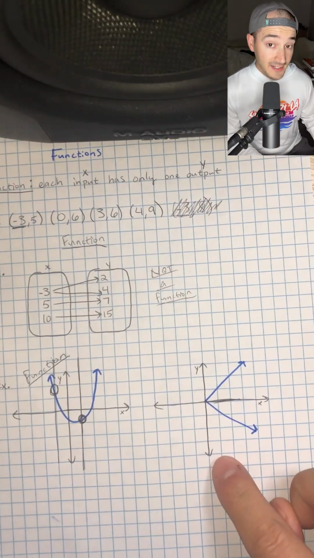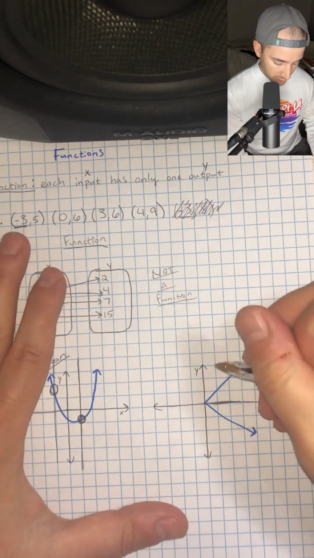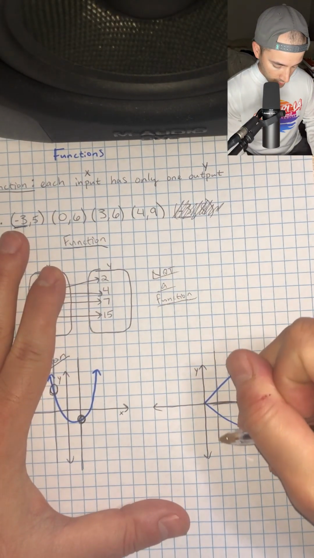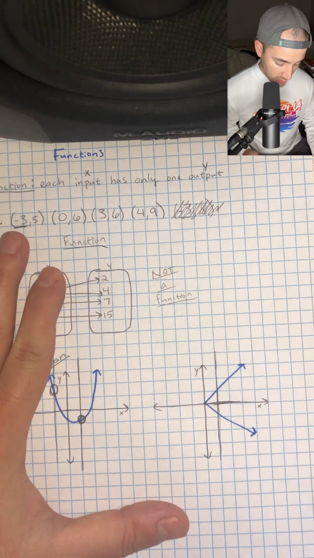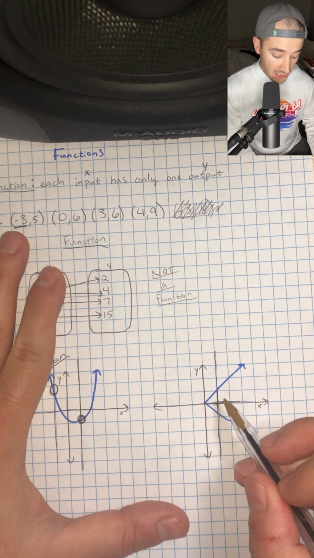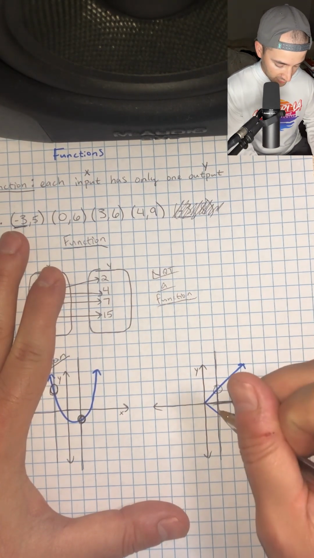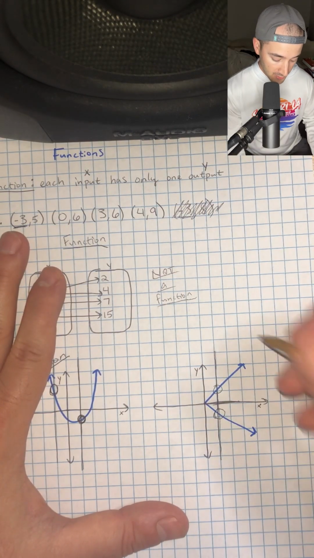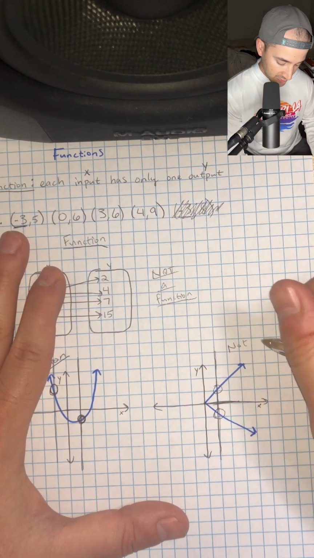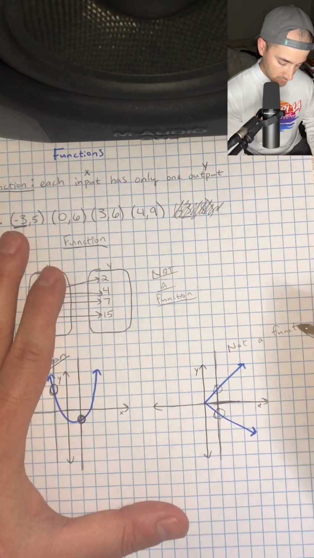Now, our second example, we're going to do the same thing. It's called the vertical line test. If we draw a vertical line right down the middle of it, okay, notice that we touch our blue line once and then twice as we draw that vertical line, okay? So that means that it is not a function, okay?